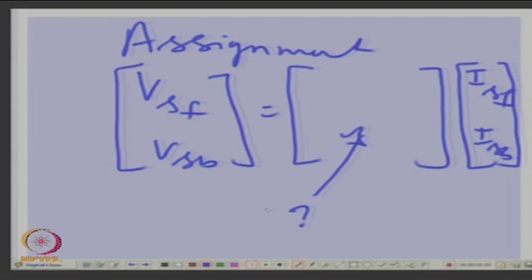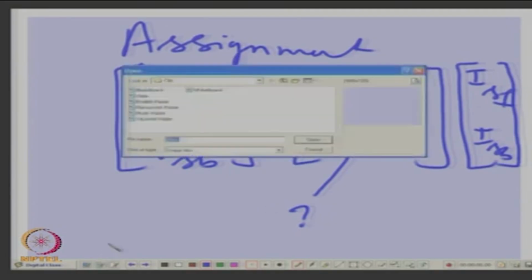I want all of you to do it. It is an assignment everybody should do. So, next class all of you should bring this assignment. And then you must try to get, you have done this earlier.